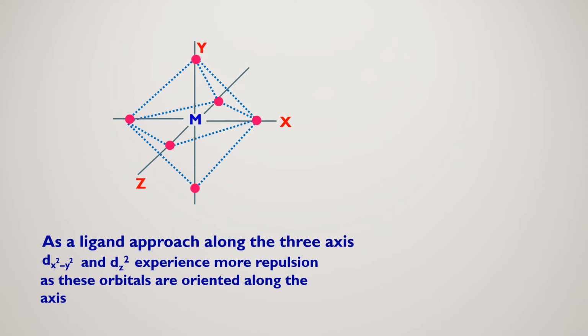The dx square minus y square and dz square orbitals lie along the axes. The ligand electrons approach along the axes, so whichever orbitals are on the axes, dx square minus y square and dz square, experience more repulsion as these orbitals are oriented along the axes.